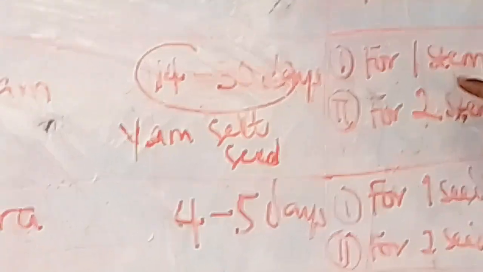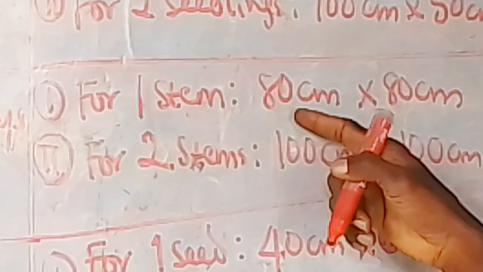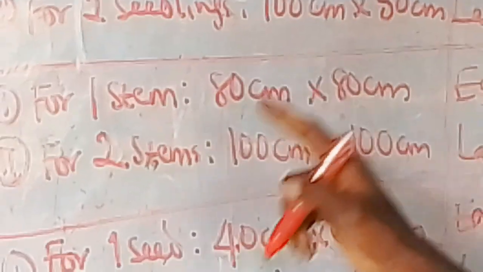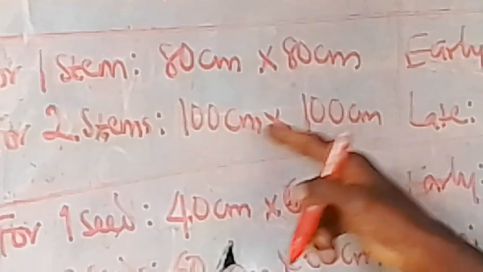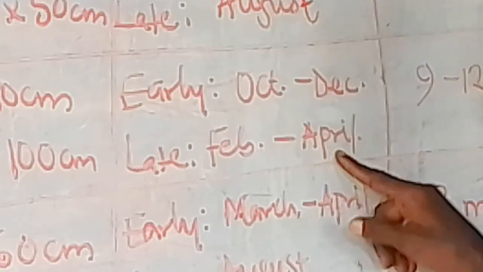If you use one stem to a single stand of hole, you have to space between 20 centimeters by 50 centimeters. If you use two in a particular mound, you have to space between 100 and 150. The yam is planted between August and November.